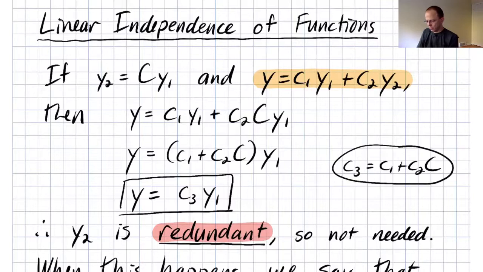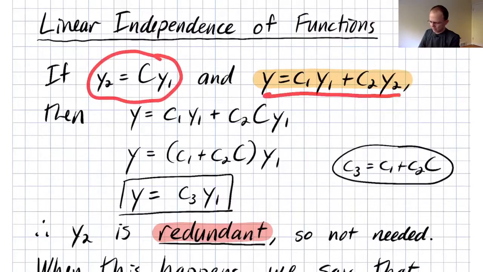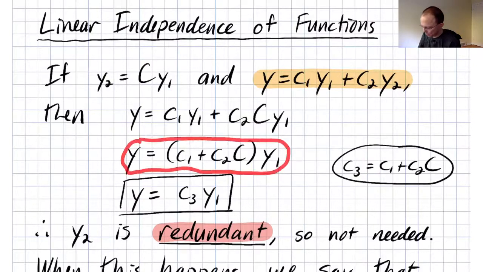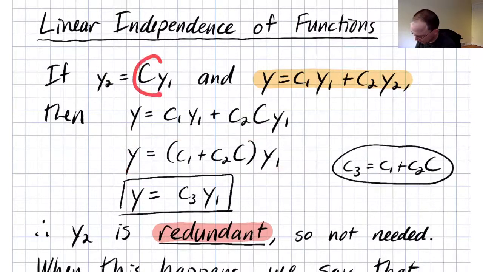So let's see what this means algebraically. Imagine that y1 is some ingredient and y2 is just a multiple of that ingredient. If we substitute this into this linear combination, then y is just, let me go through this carefully, I substitute this in here.